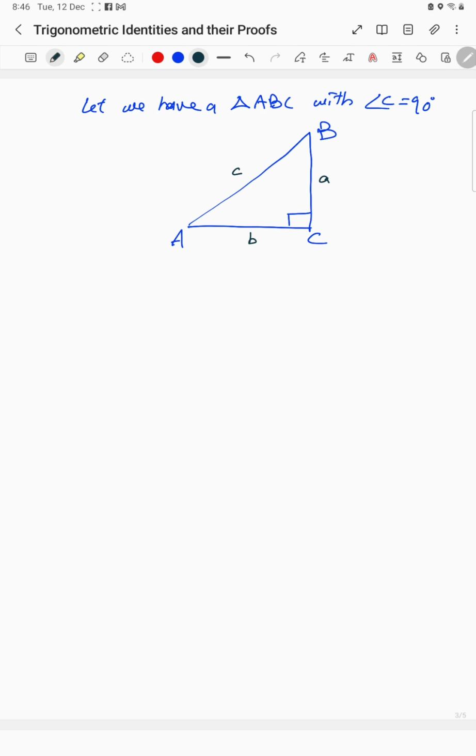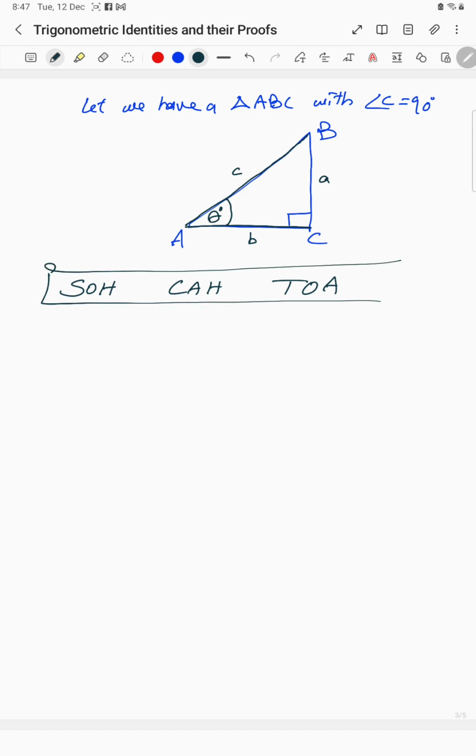Here, if the angle formed by the arms AC and AB is theta degrees, then we are well aware of the identities. Meaning, what are those? Sin, cos, tan. What do these stand for?